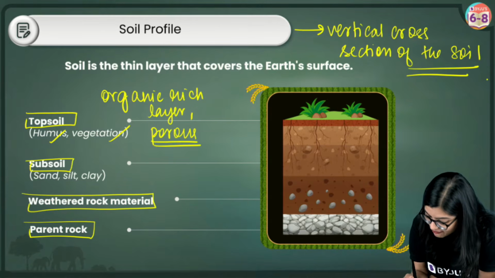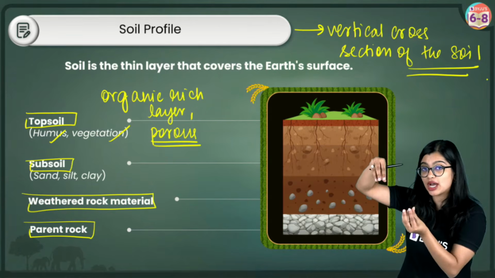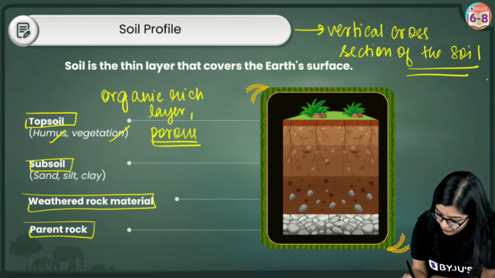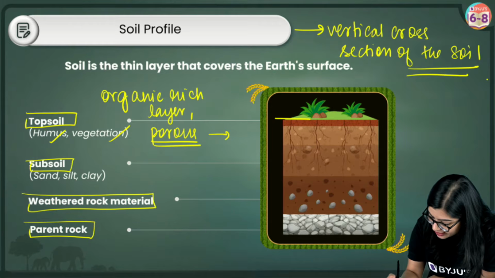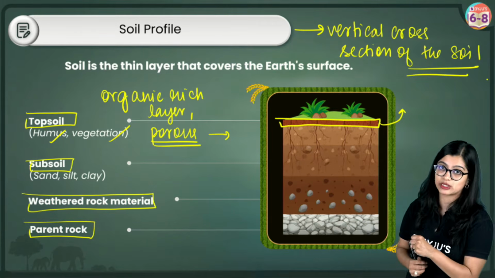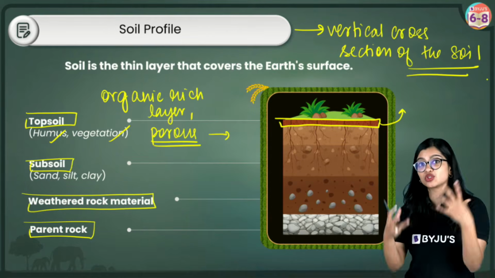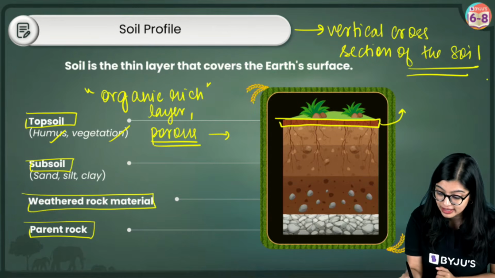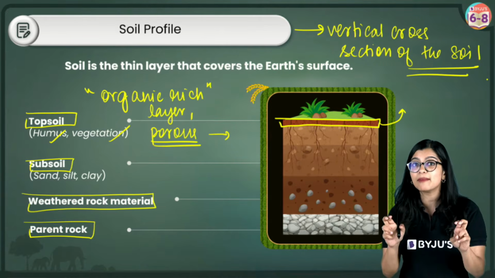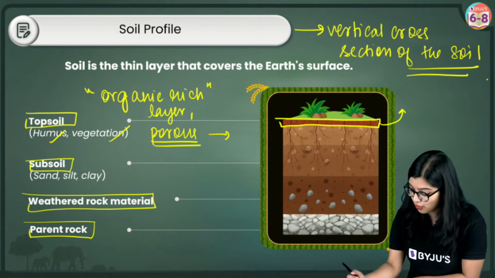That means that there are various pores or holes present, which allow for the movement of air and water. And of course, the topsoil is the layer where seed germination takes place. So the amount of organic material or how much nutrients are present is what determines whether the soil is fertile or not.